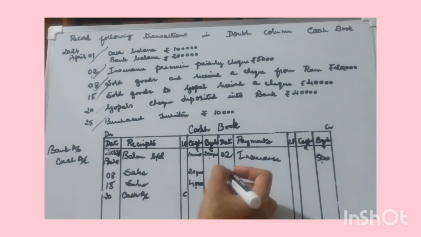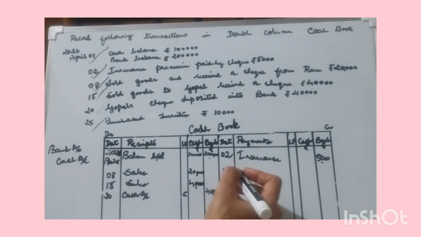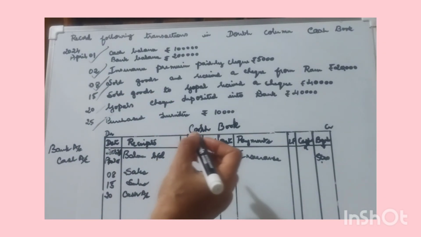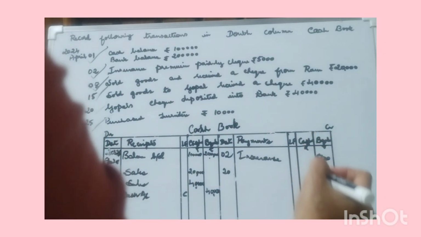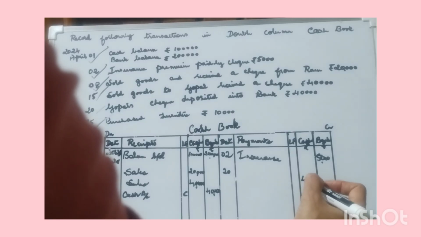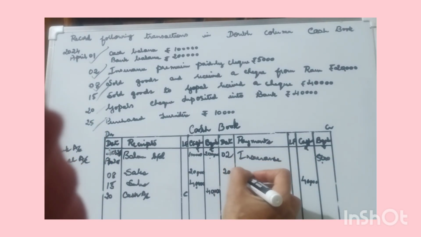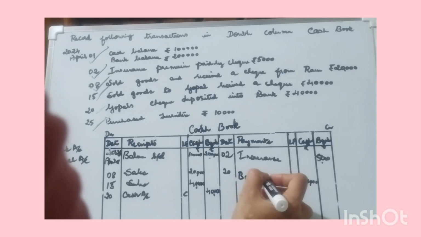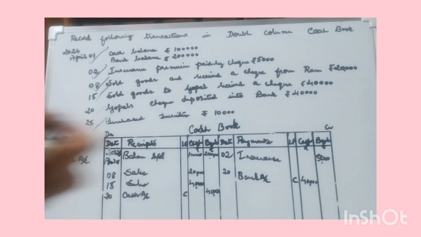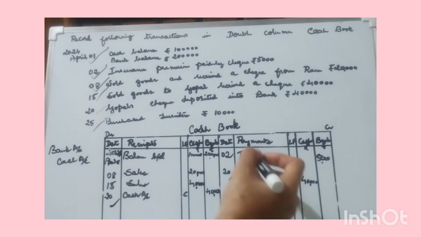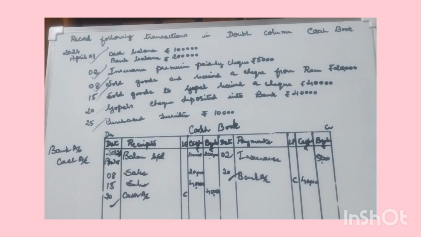Once again, on the same day, reverse entry has to be passed. That means cash column has to be credited with bank account. Record that as contra entry. So you need to make 2 entries for deposit of check into bank.